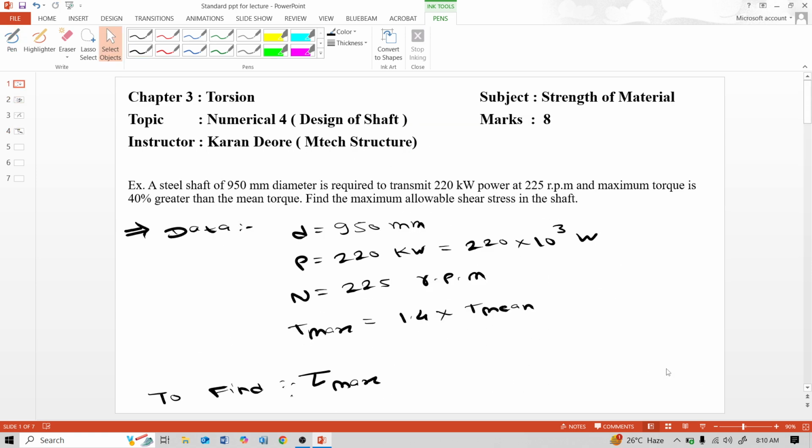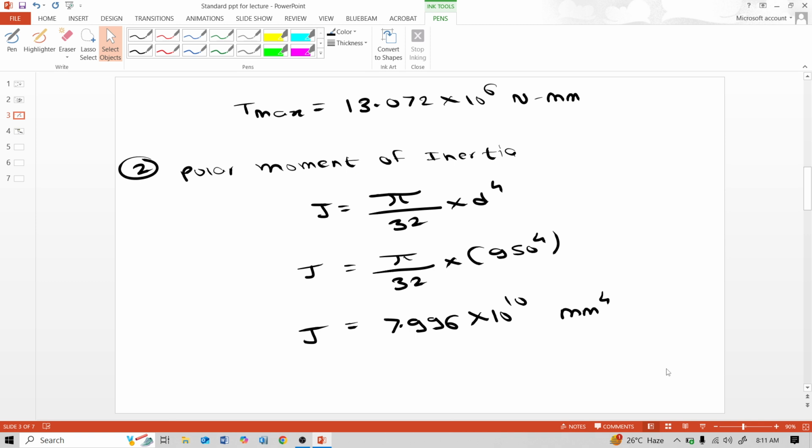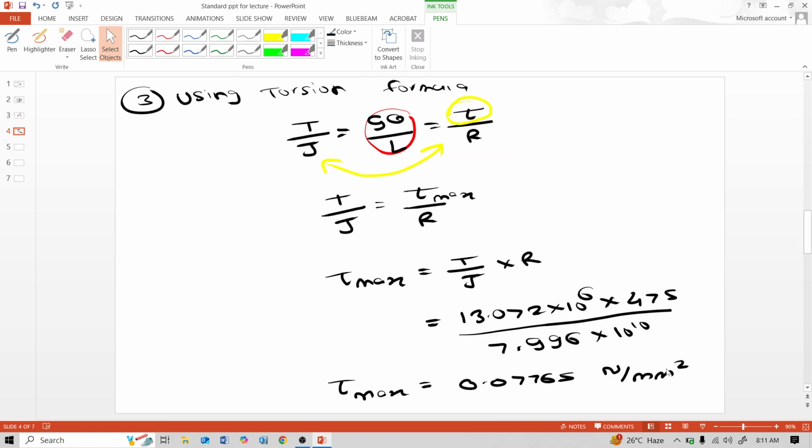So see this numerical: this is a steel shaft, and the given data is diameter, power, number of revolutions, and only the relation between T mean and T max. By using these given data, we found tau max. We used the torsion formula T by J is equal to G theta by L is equal to tau by R, and polar moment of inertia J is equal to pi by 32 into d raised to 4.